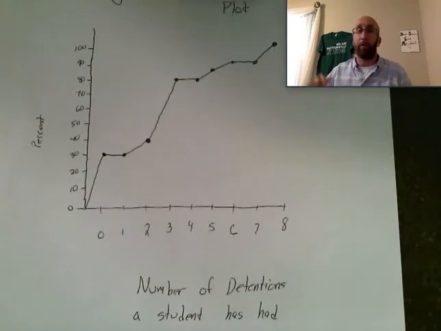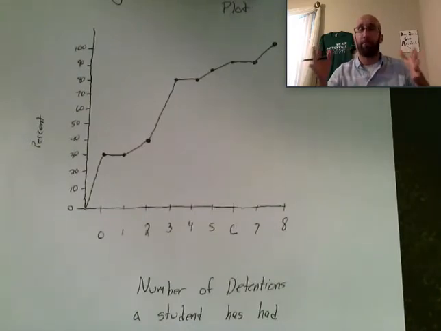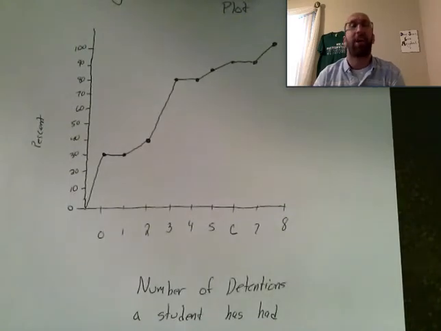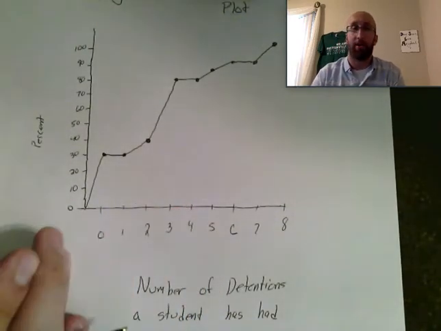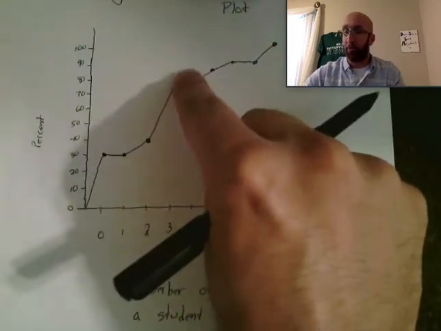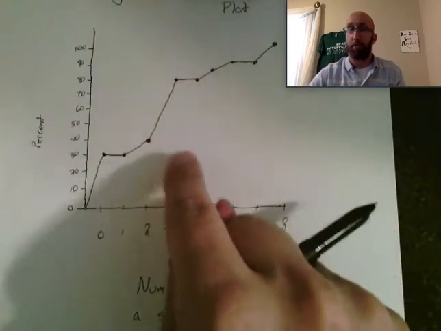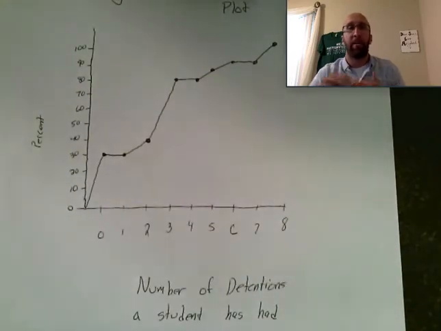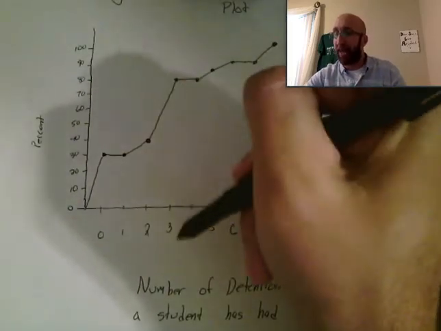That makes up all the people who said I've had 0, all the people who said I've had 1, and all the people who have had 2. So 40% of my entire data set have had 2 or less. That's how you read an individual point. It represents that data point on down, but with some basic math you can see the difference between the previous point and that point to figure out what percent of my data is at that point.